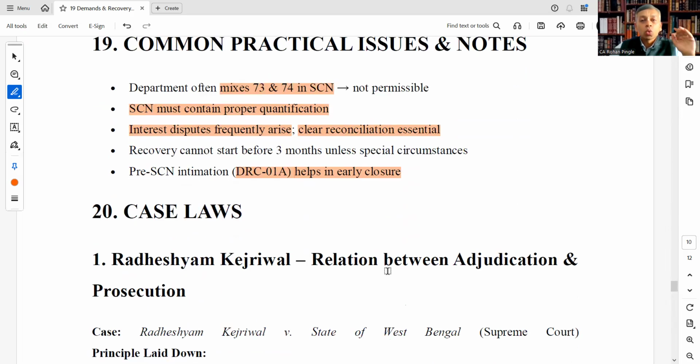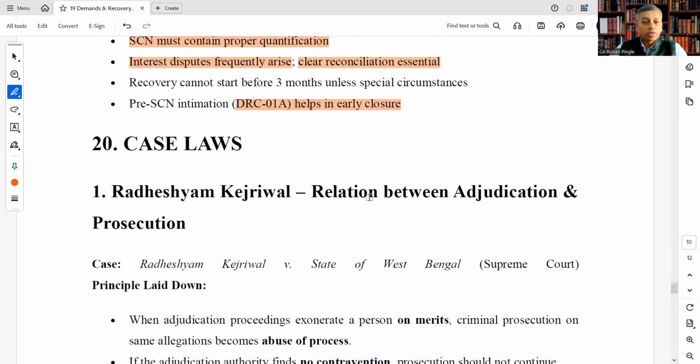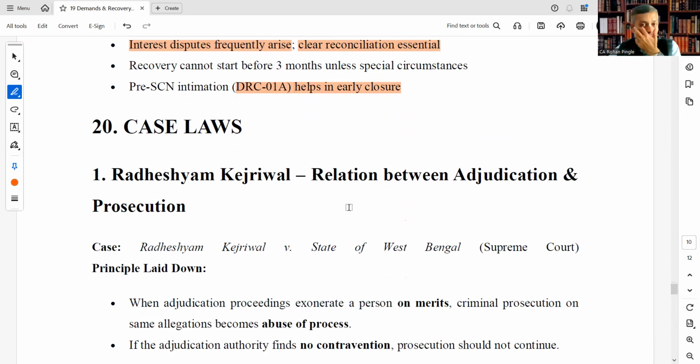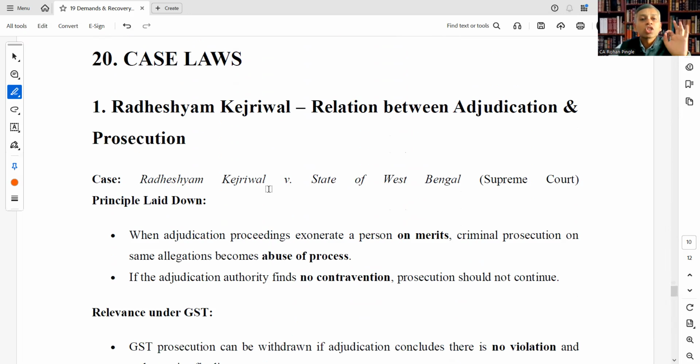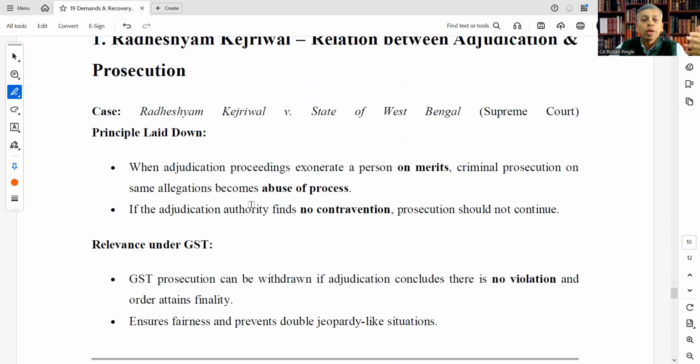Okay. So now we will see a few case laws related to recovery and demands. Radheshyam Kejriwal, that is the relation between adjudication and prosecution. Radheshyam Kejriwal versus State of West Bengal, Supreme Court. The principle laid down in the case is when adjudication proceedings exonerate a person on merits, criminal prosecution on the same allegations becomes abuse of process.